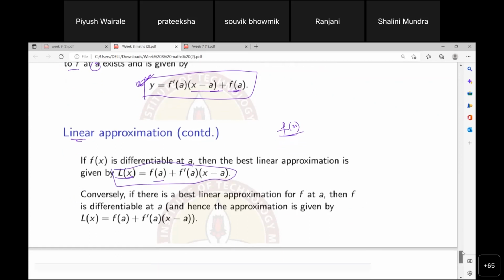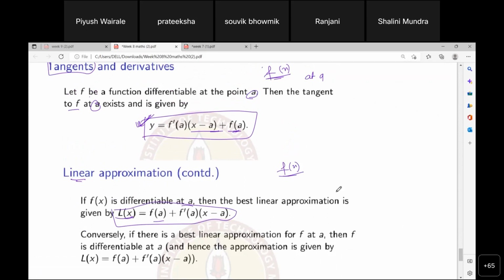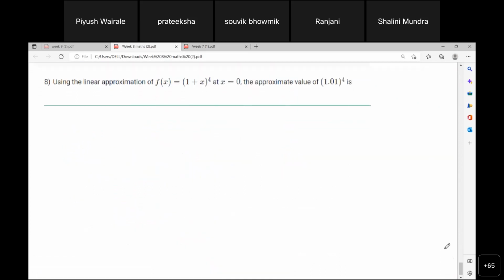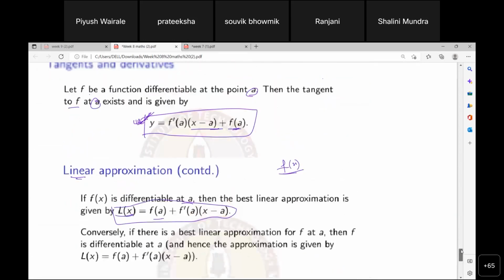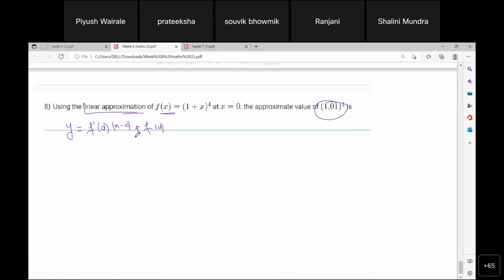Now just remember this. For a value, 1.01, what is the expression here? That is y equals f dash of a times x minus a, plus f of a. So I have to take the differentiation first.